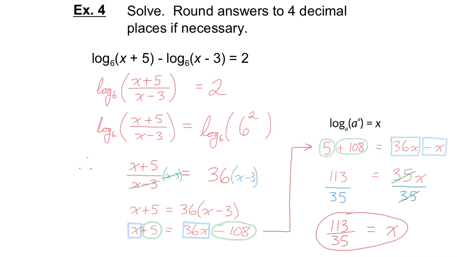And you can do the same thing when you already have the logarithms, as in this case. You might have to do some manipulating so that you end up with a log with the same base on both sides, but then the arguments are equal, and then you just use your grade 9 and 10 algebra skills to solve. Okay, so hopefully that gave you a little taste of what you can do to solve these logarithmic equations.